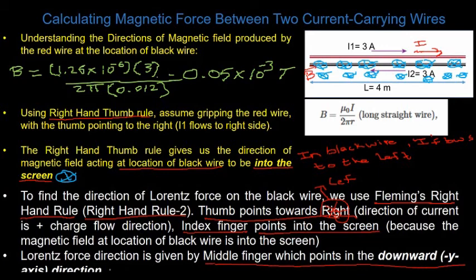So that's the direction of the magnetic force on this wire. We got the magnitude from the previous slide and the direction to be downward. That completes our problem of calculating the magnetic force due to one wire on the second wire in its neighborhood.